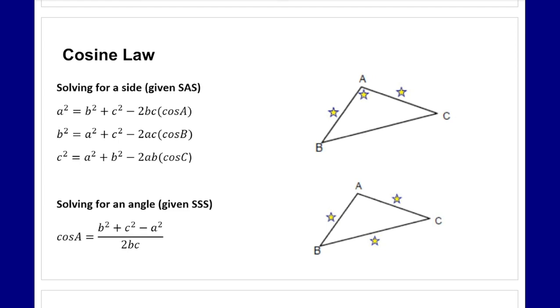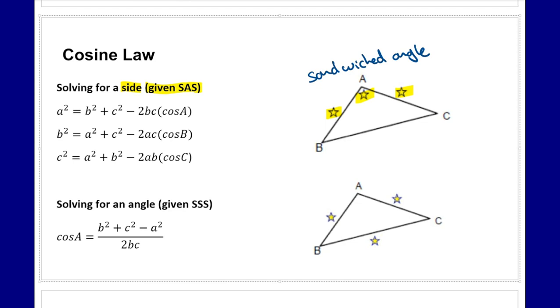The one thing that is relatively straightforward is what we're looking for. If we're trying to solve for a missing side, we are given SAS, or side angle side. You might also think of this as a sandwiched angle, because our angle here is sandwiched between two sides, and we're missing the third side.